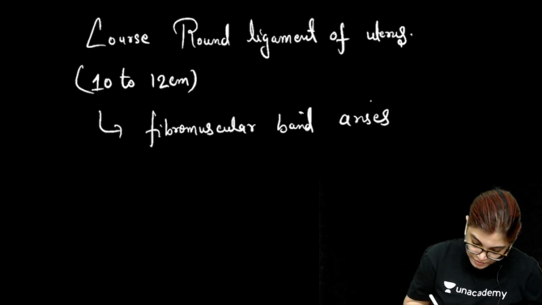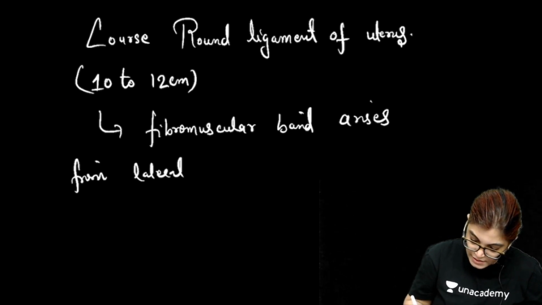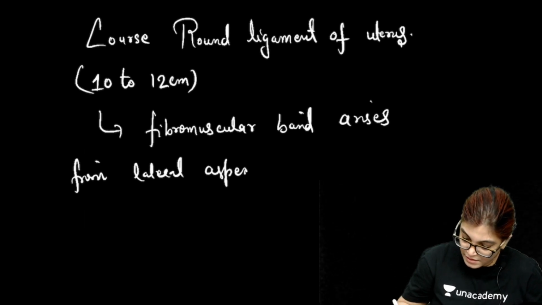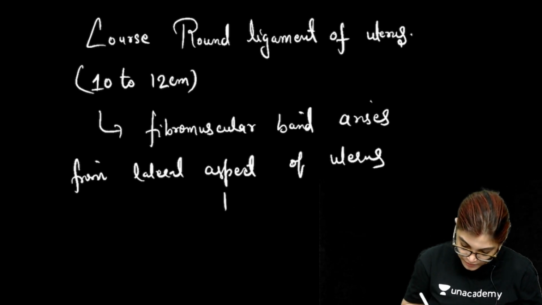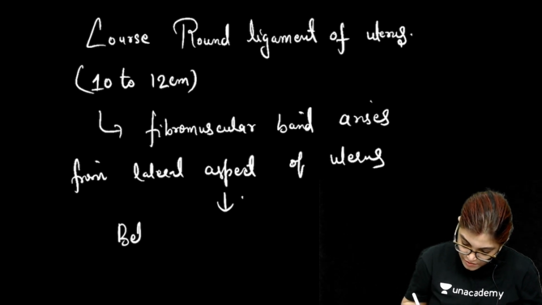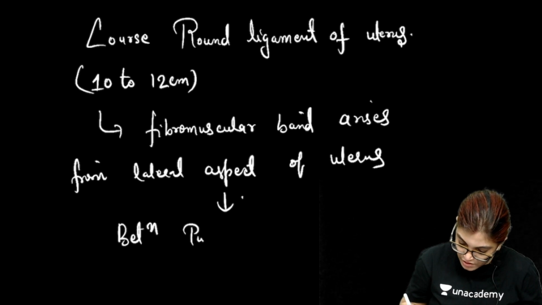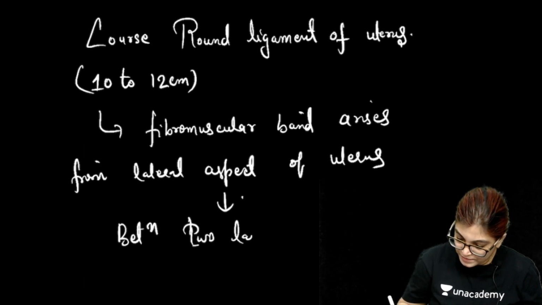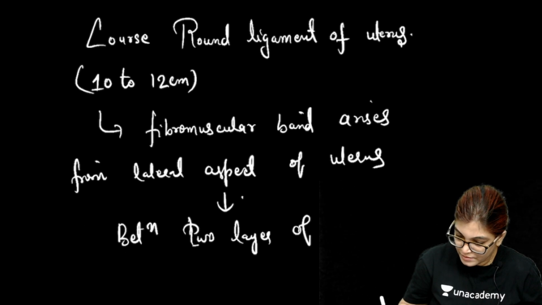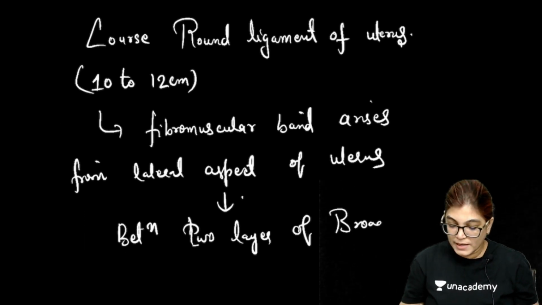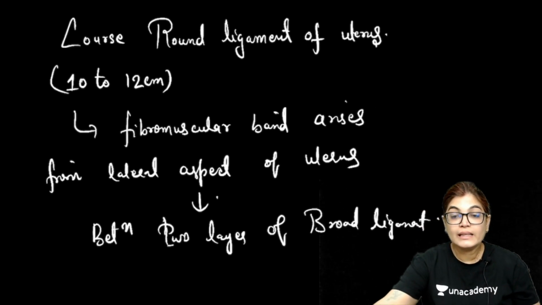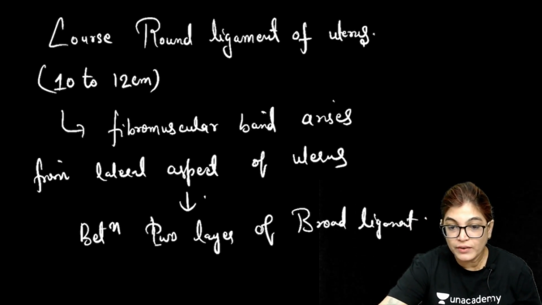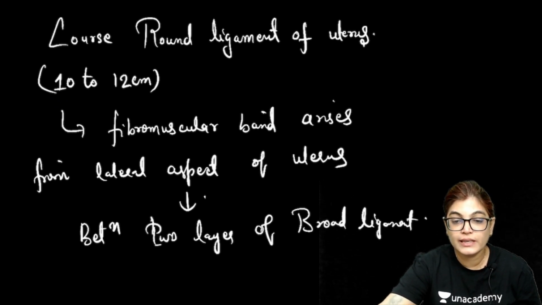It arises from and starts from the lateral aspect of uterus, passing between two layers of broad ligament. Then it enters into the deep inguinal ring, passing between the two layers of broad ligament.